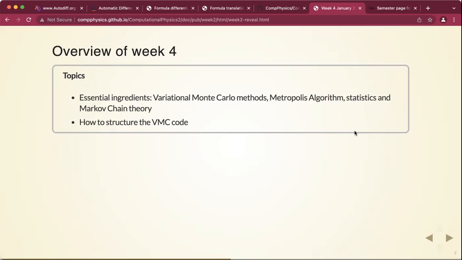Then we also need some basic statistics to revisit the basics of Markov chain theories. And we also need to discuss how to actually build up the code. These are the topics which we will try to cover in the coming weeks, so that at the end, you're going to have what we might simply call a kind of professional Monte Carlo code based on the variational method.